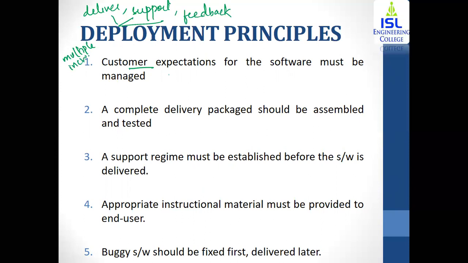Now if, within the first increment, you're giving more and more functions to the end user, then when it is time to deliver the second increment, the customer is going to expect the same thing, that you're going to deliver more functions, and you may not be able to deliver more functions.